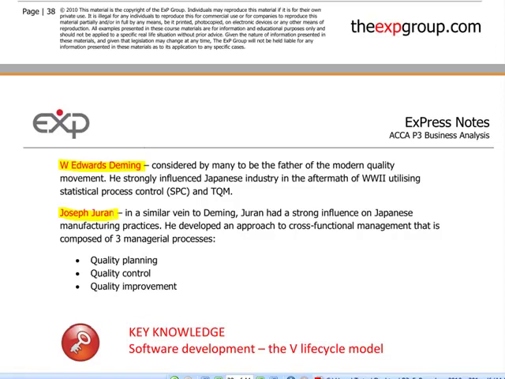He was the brainchild behind Total Quality Management. He strongly influenced Japanese industry in the aftermath of World War II, utilizing statistical process control and TQM.